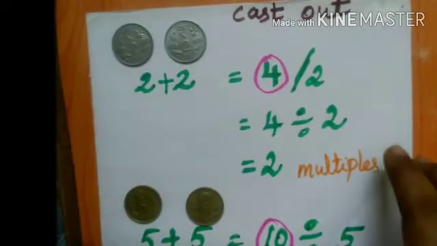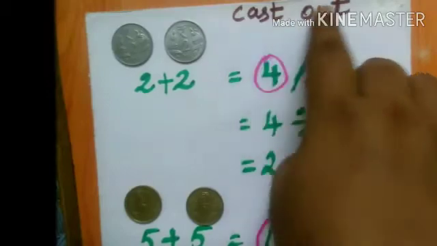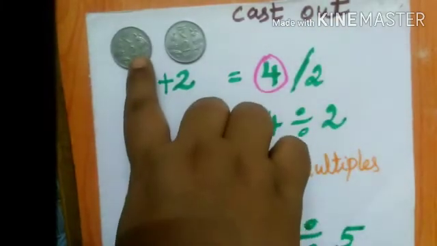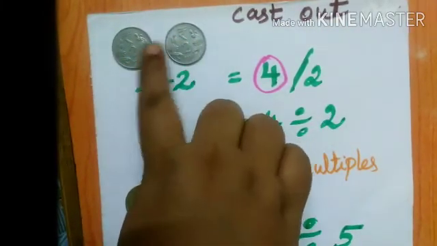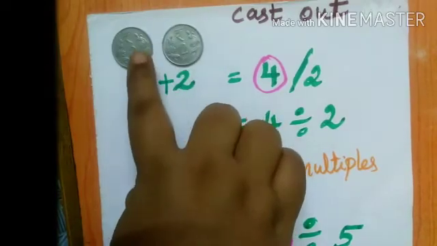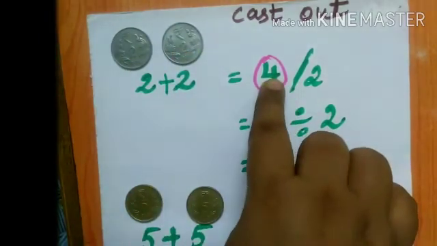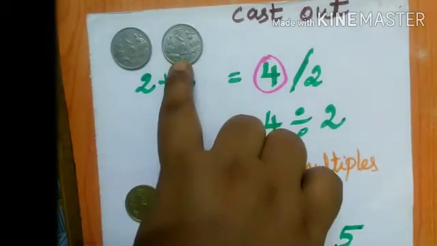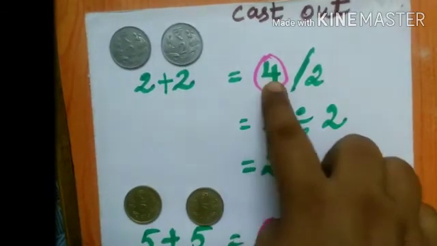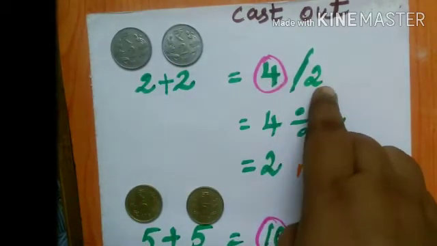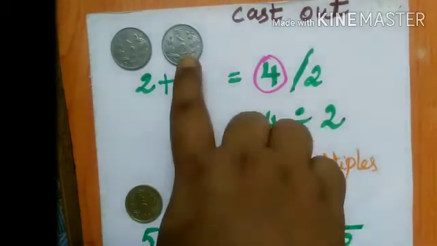Now I give a small example of casting out. Here take 2 rupee coins, 2 coins I take here. 2 plus 2 you get 4, or 2 twos are 4. It is divisible by 2.